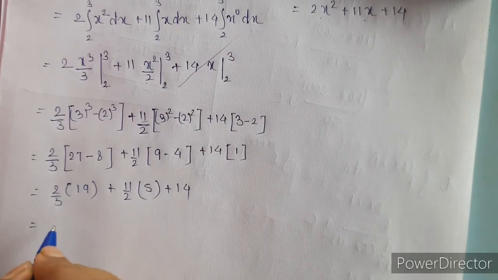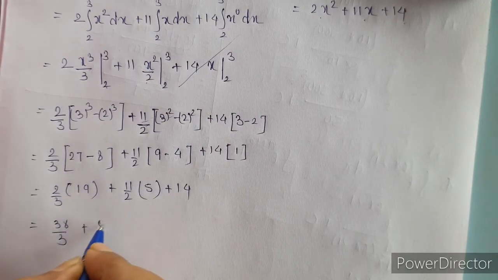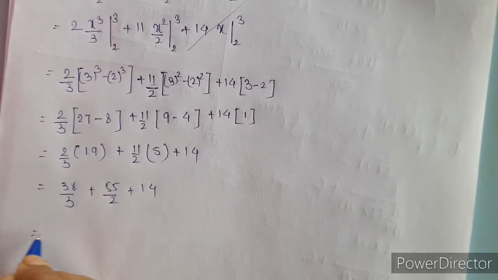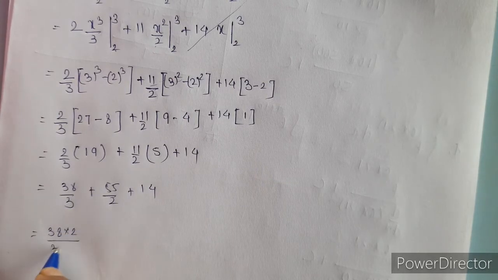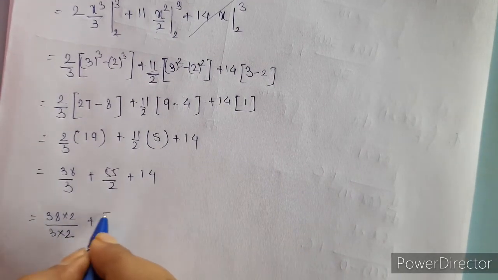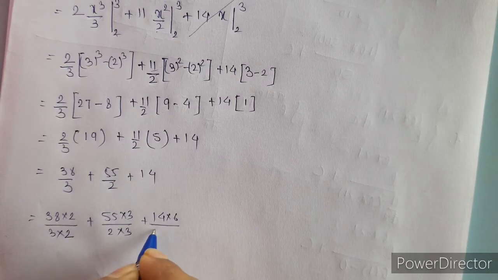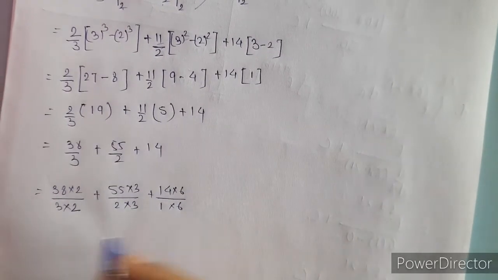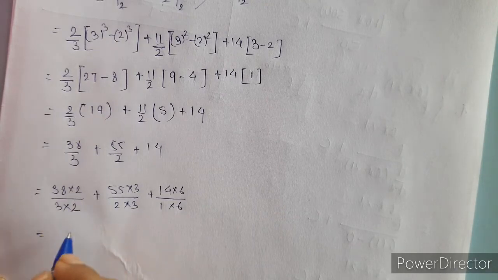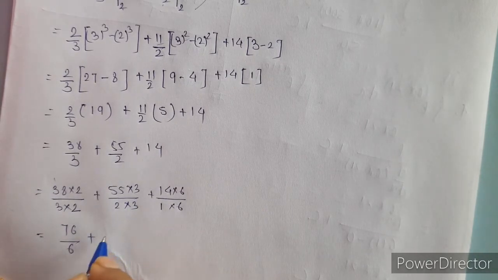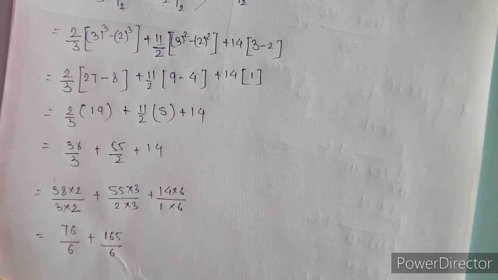19 into 2, 38 by 3, plus 55 by 2, plus 14. Again we can take the LCM. We multiply and divide, 38 by 3 by 2, plus 55 by 2 by 3, plus 14 by 6. 38 into 2 is 76 by 6, plus 55 into 3, 165 by 6, 14 into 6, 84 by 6.